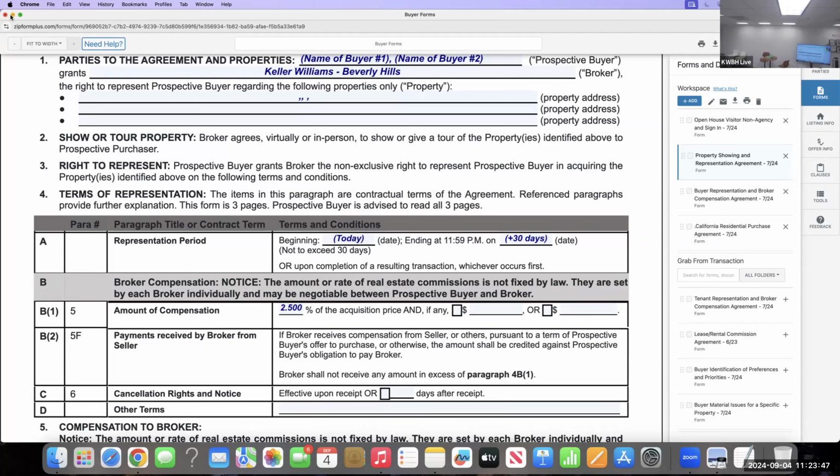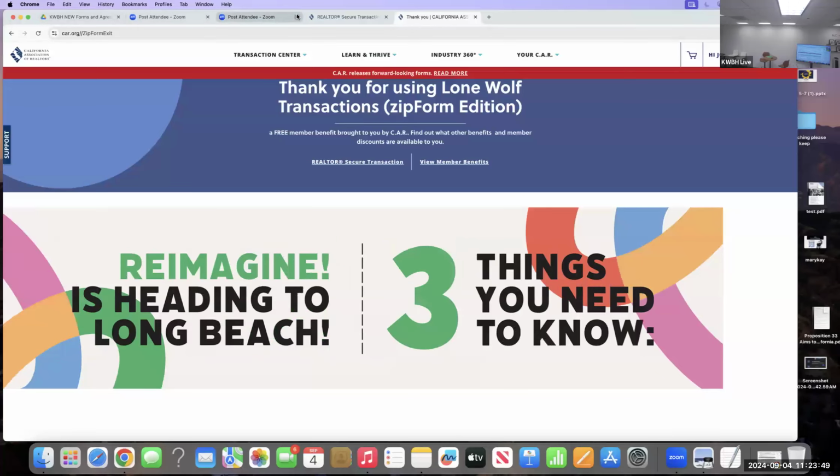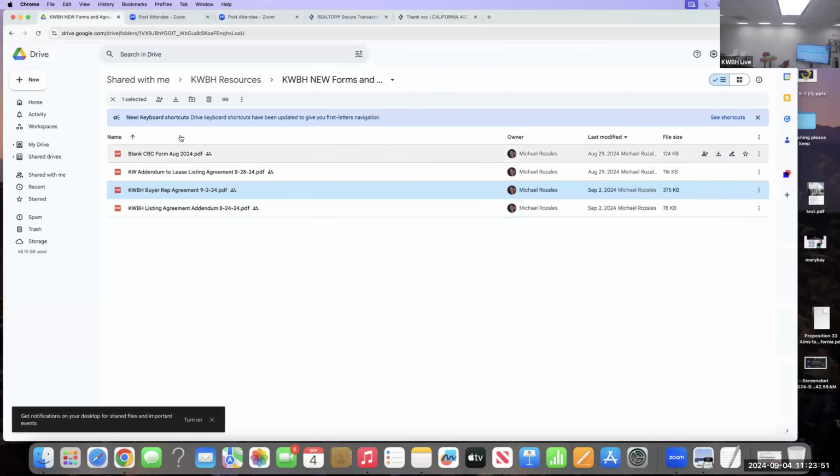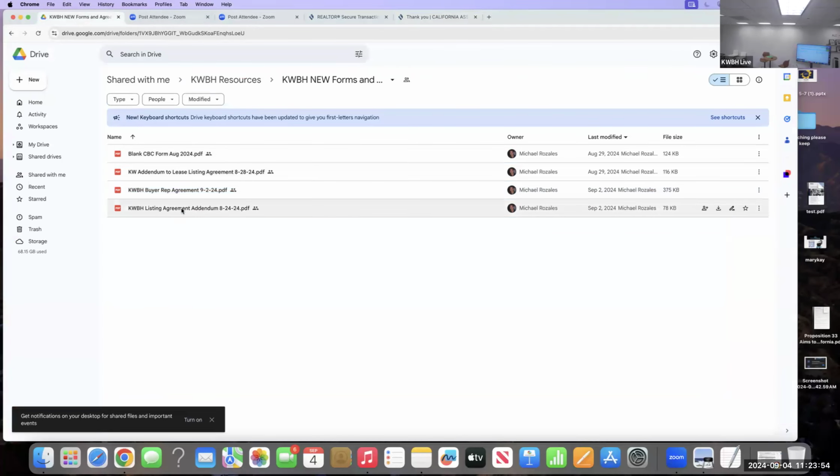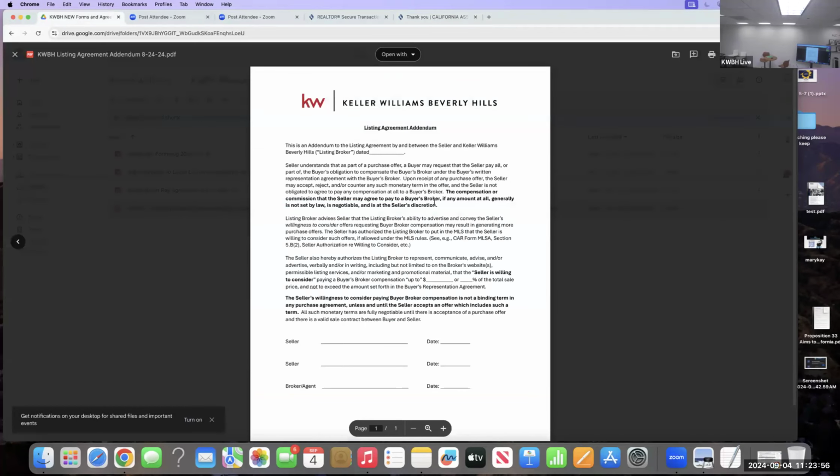One of the documents that we have now, one of our 4 documents, is a listing agreement addendum that says seller also authorizes the listing broker to represent, communicate, advise, and or advertise verbally and or in writing that the seller is willing to consider paying a buyer's broker a certain amount.